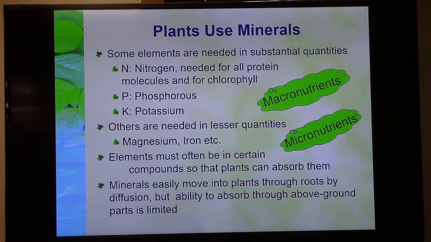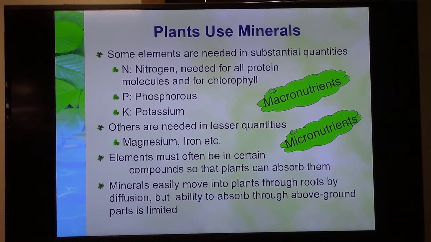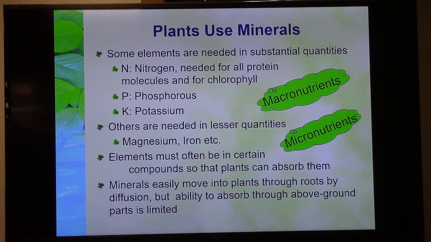That's nitrogen, phosphorus, potassium. Those are your macronutrients. You need a lot of them. The ones that you don't need much of are micronutrients. It's a long list, but you don't need much of any of them.